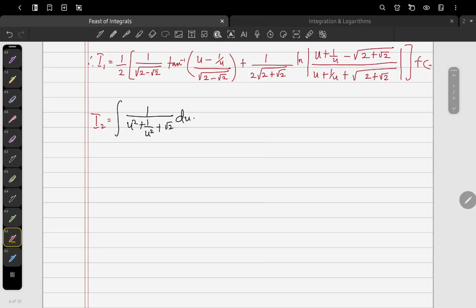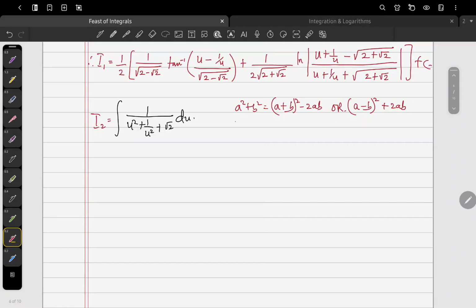We know that u squared plus 1 over u squared is a sum of two squares, a squared plus b squared. There are two things that we did: we could use a plus b all squared minus 2ab, or a minus b all squared plus 2ab.